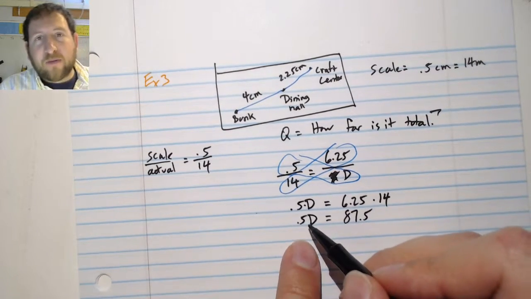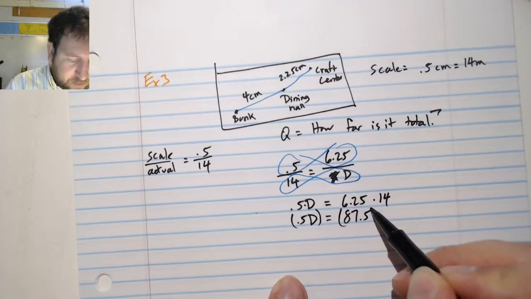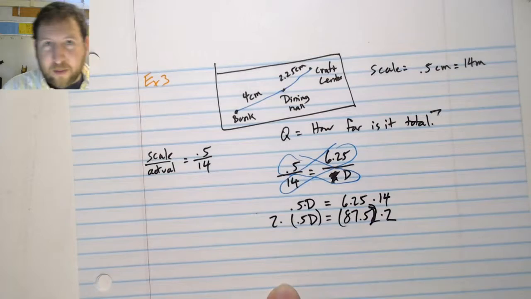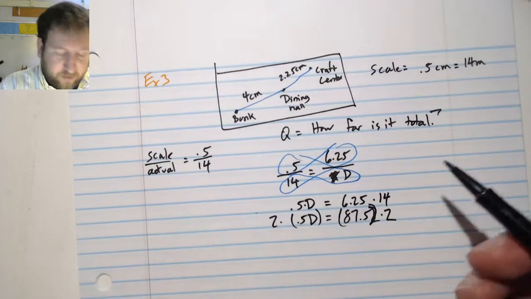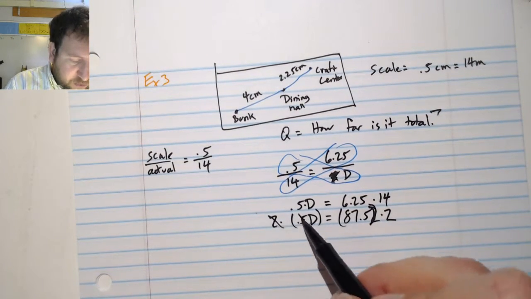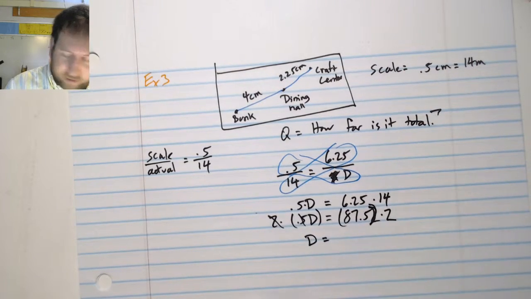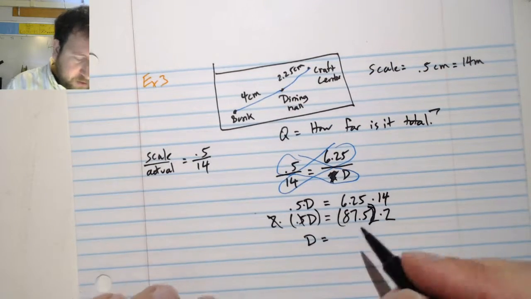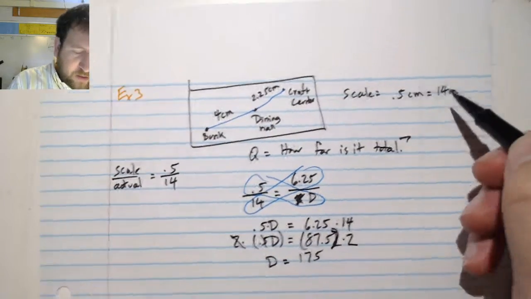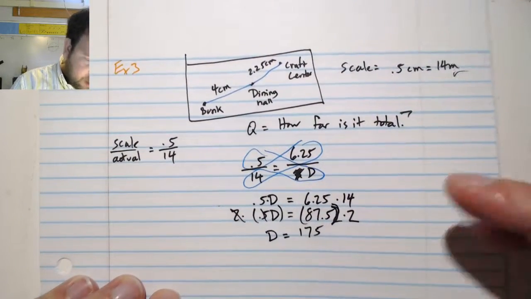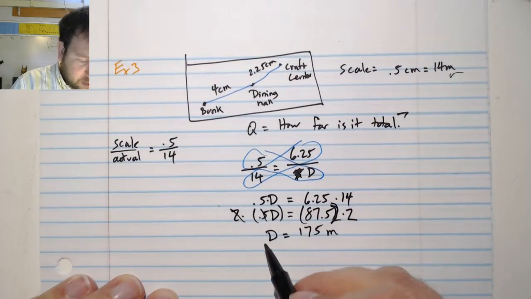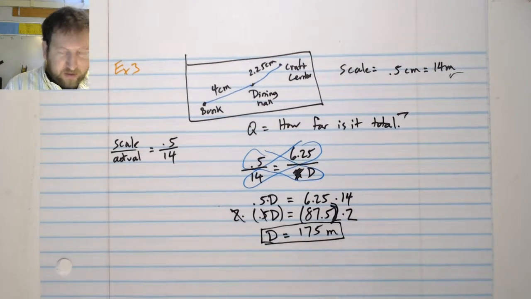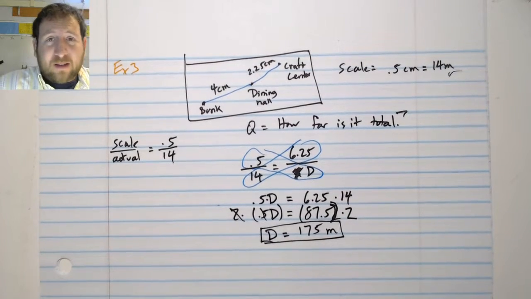To get rid of the 0.5 on this side, I'm going to multiply both sides by 2. 2 times 0.5 is just going to give me D equals 87.5 times 2, which equals 175. What unit am I in? I can look up and say I am in meters. So the total distance that this map shows and that we traveled was 175 meters. Hope that makes sense, and good luck.